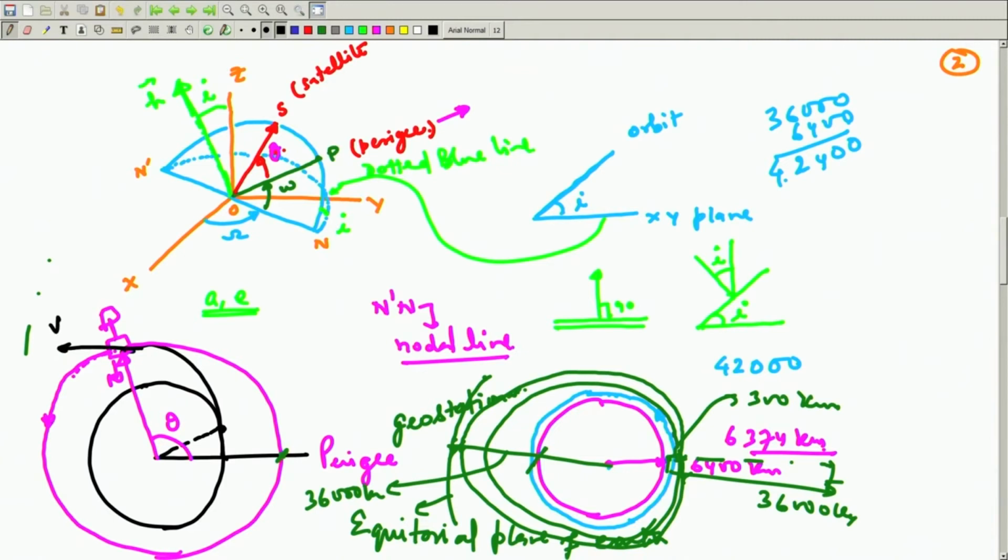The inertial navigation system gives you the initial v and initial r, that is, x dot, y dot, z dot, and r equal to x0 i cap plus y0 j cap plus z0 k cap. In this format the initial velocity will be known. If this is known, then you can find out the orbit.